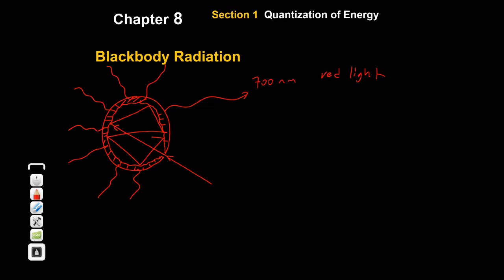If it reaches, for example, 400 nanometer, we will see that its color will be violet. This means every object radiates with maybe different colors, or sometimes this radiation cannot be seen by us. This is what we call blackbody radiation.